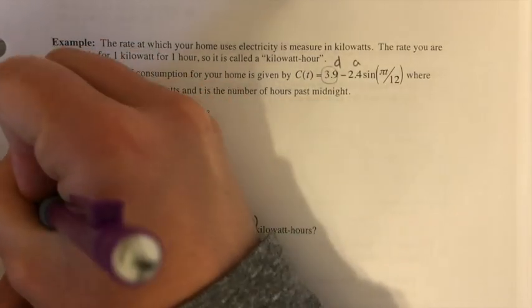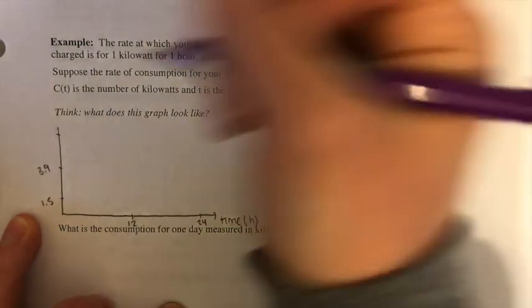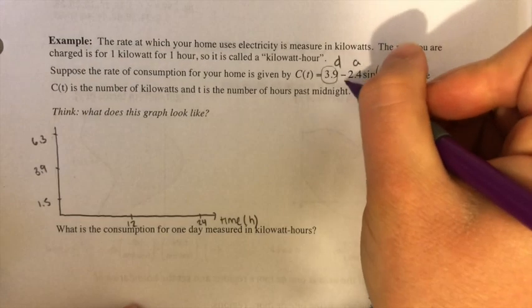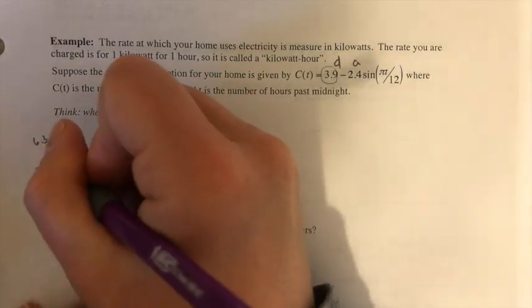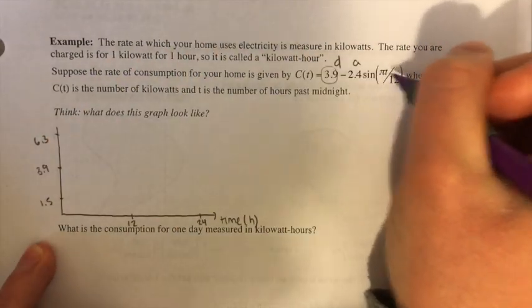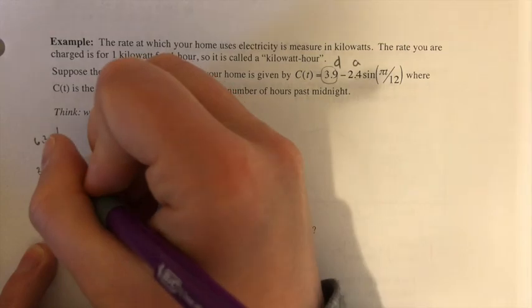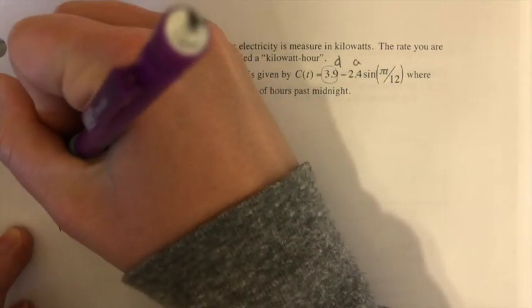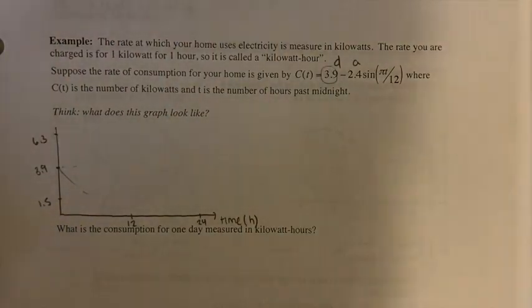So the lowest it's going to be is 1.5, and the highest it's going to be is 6.3. Because we add 2.4, subtract 2.4. Because this is a negative A value and it's a sine graph, we know it's starting on the midline. There's no C value. It hasn't shifted left or right. So it's starting on that midline, and because it's negative, it's going down.